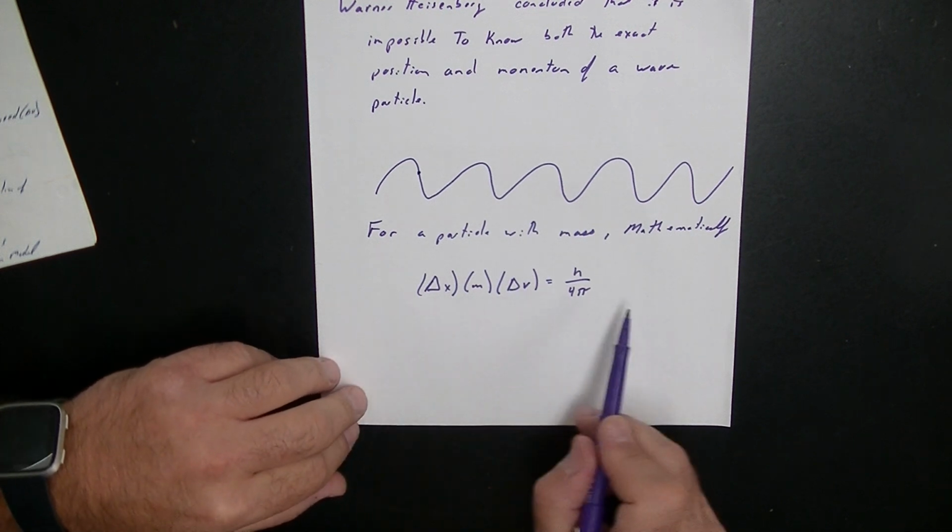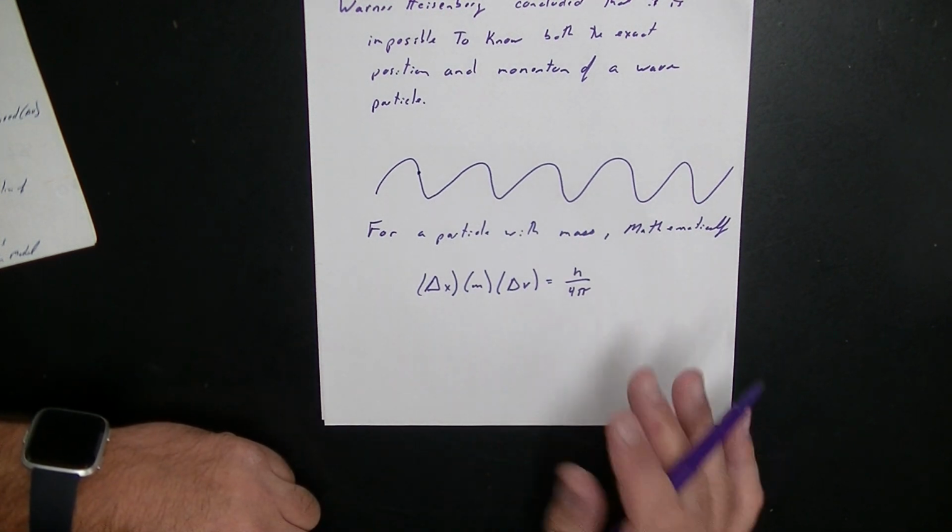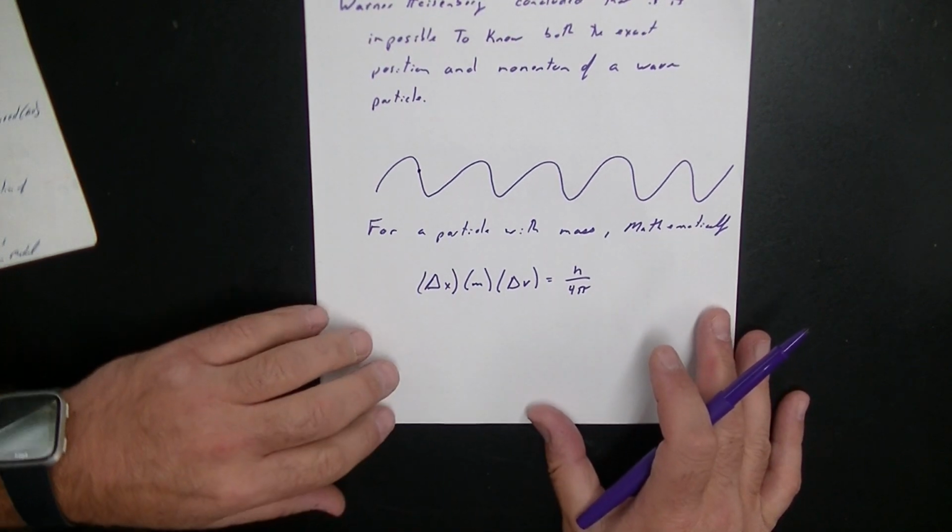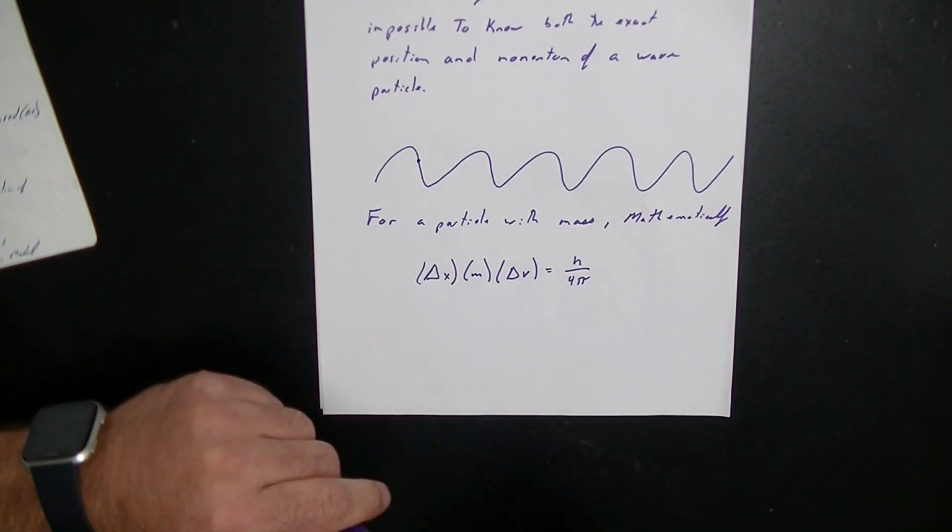Now, you're not going to use this equation. I guarantee you're not going to use this equation, but you do need to understand what it's saying a little bit. All right, so let's label a couple things so you know what these are.